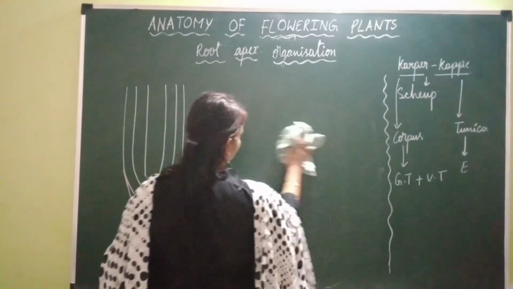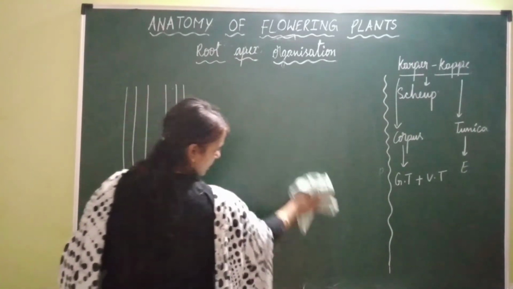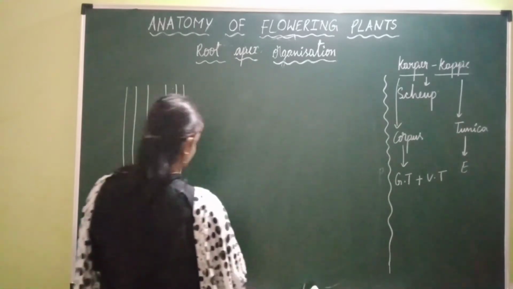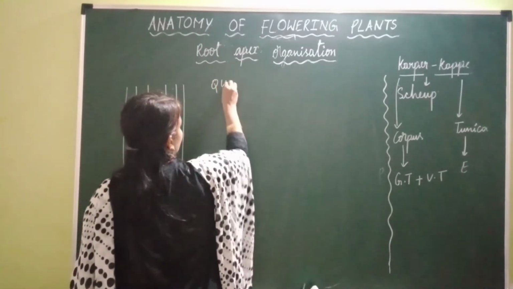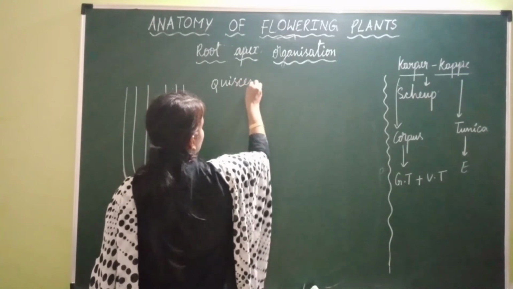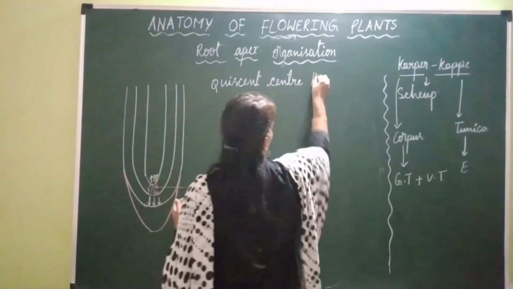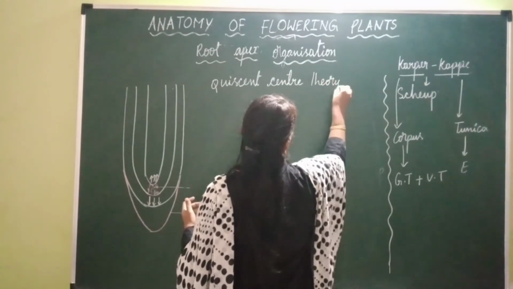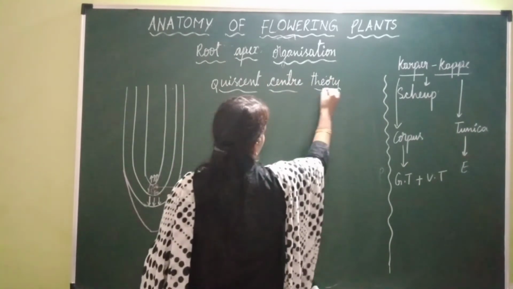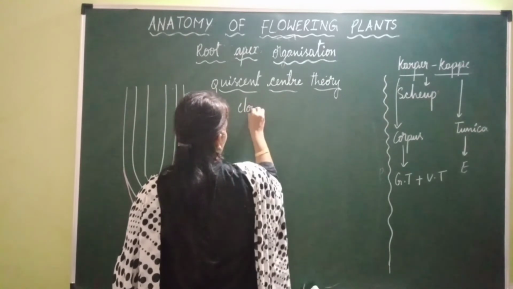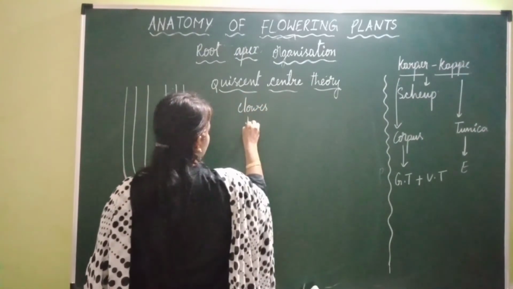He discovered the presence of a quiescent center in the root apex of maize, and then he gave this theory as quiescent center theory.